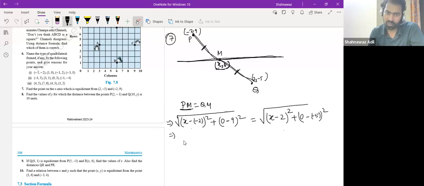So this is x plus 2 whole square, and this is 9 square, and this is x minus 2 whole square, and this is 5 square.